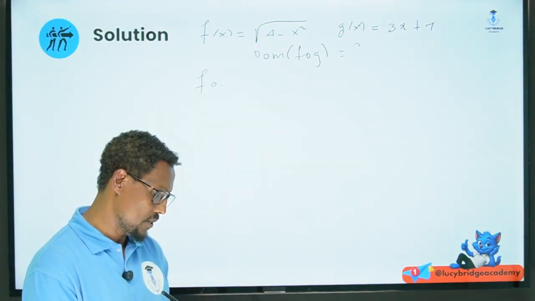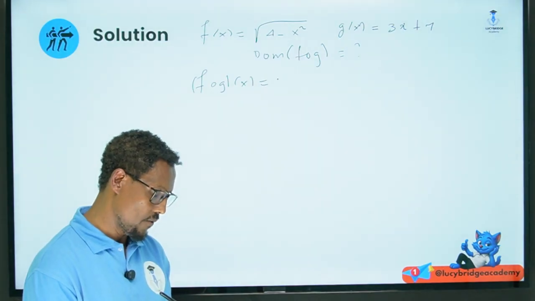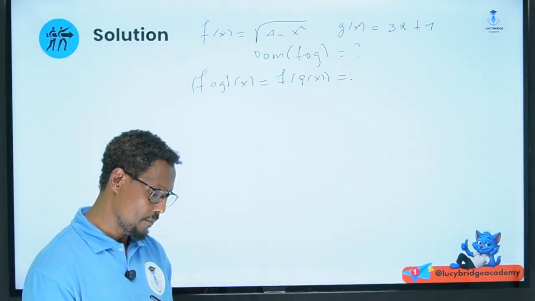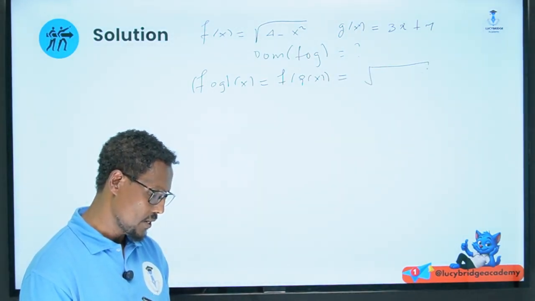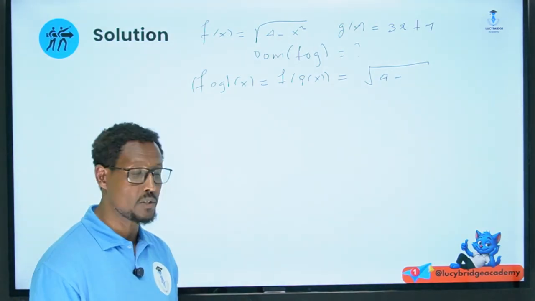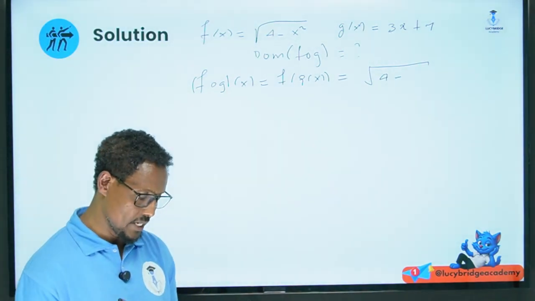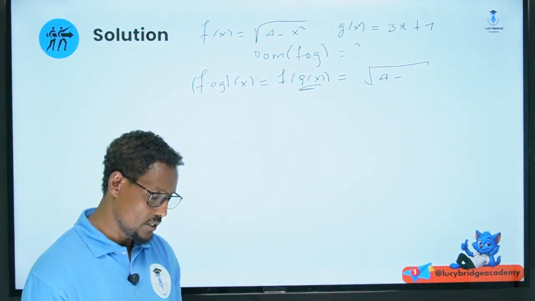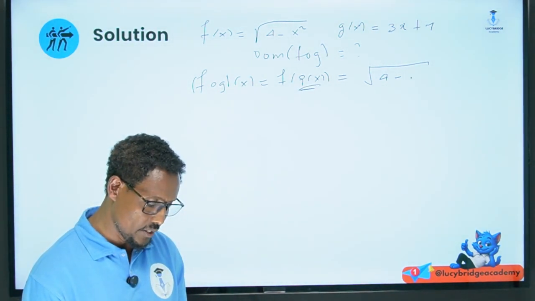f circle g of x is equal to f of g of x, which is equal to the square root of what? This is f: 4 minus x squared. Instead of x we substitute g of x, because it is f as a function of g, right? So x must be substituted by g of x.